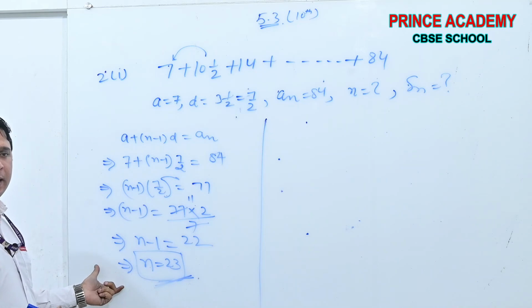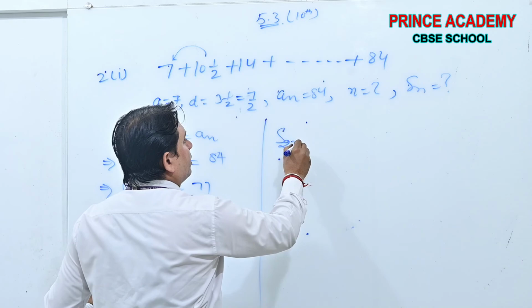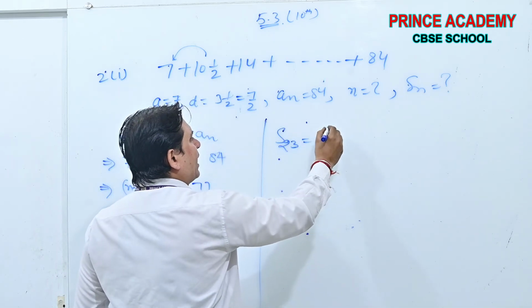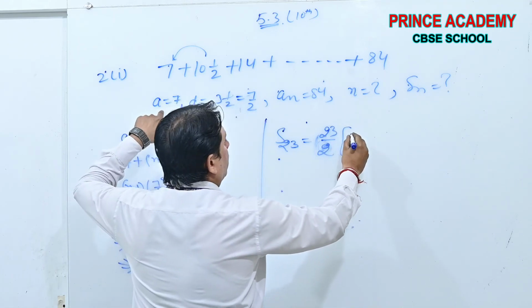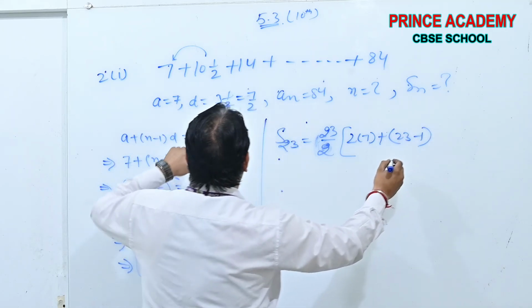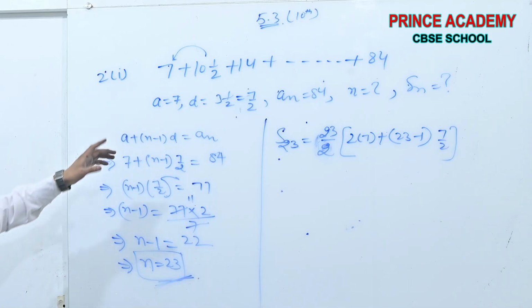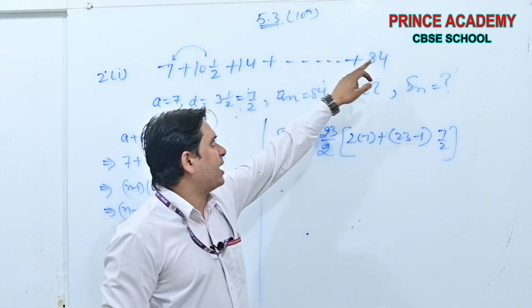n is 23, beta. Now see, we have to find S23, and it will be n by 2, sorry, put the value directly, n by 2 into 2a plus (n minus 1)d, and d is 7 by 2. Yes or no beta? See beta, here a was 7, d was 3.5, a_n was 84.